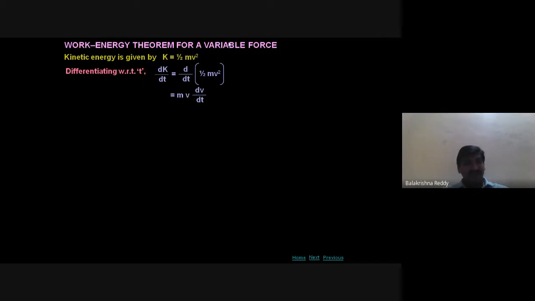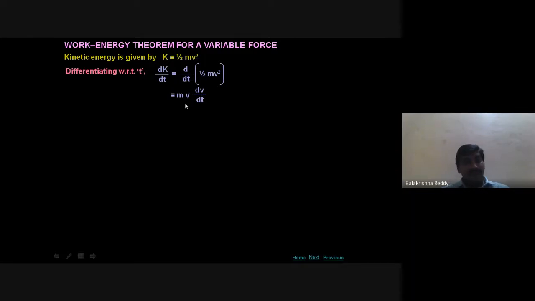In the same way, v square becomes 2 into v to the power of 2 minus 1, and 2 minus 1 becomes 1. Here I have the 2 and already have the expression 1 by 2, so this 2 and that 2 get cancelled. I have m v left.